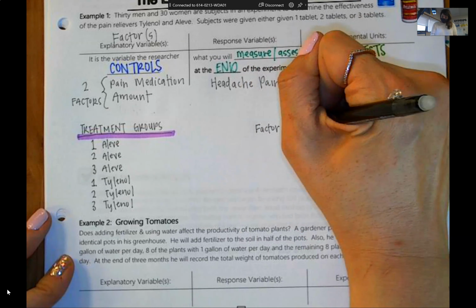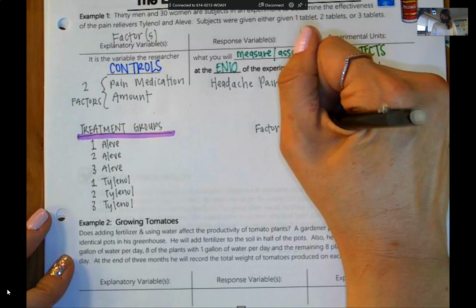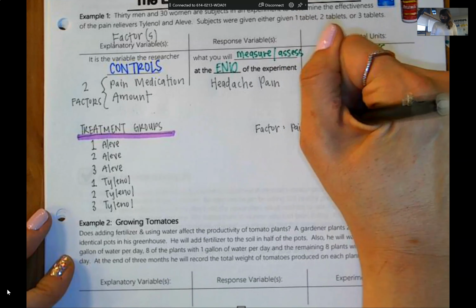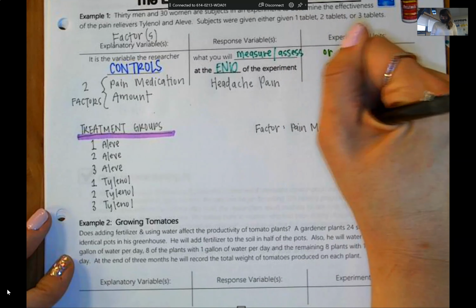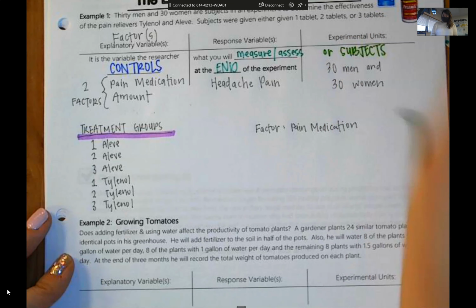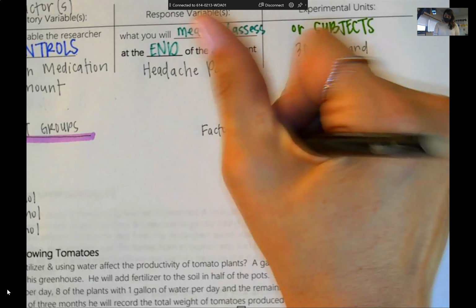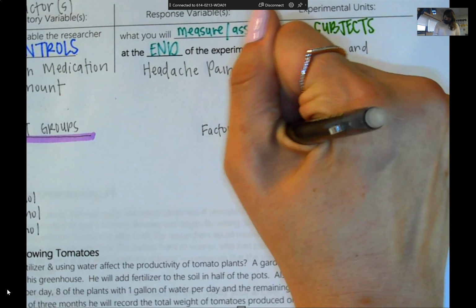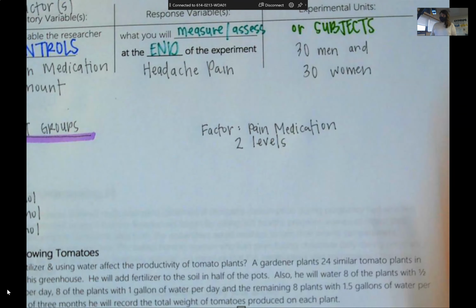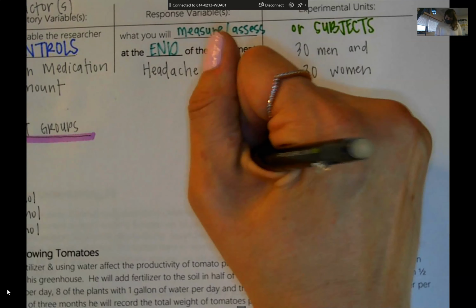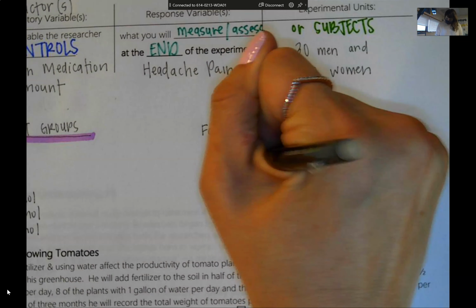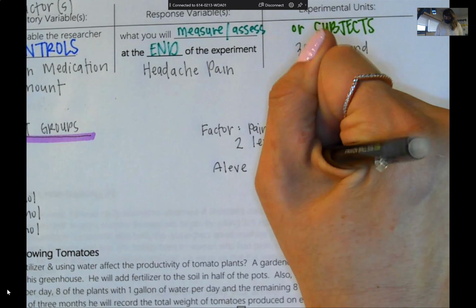This factor is going to be the pain medication. And this pain medication has 2 levels. One of them is Aleve. The other is Tylenol.